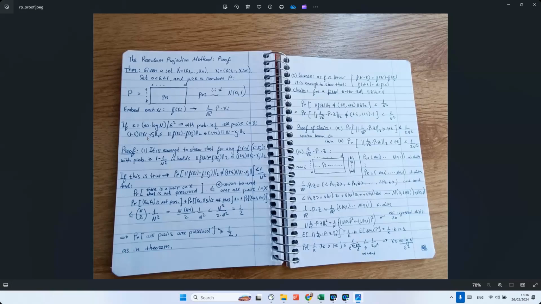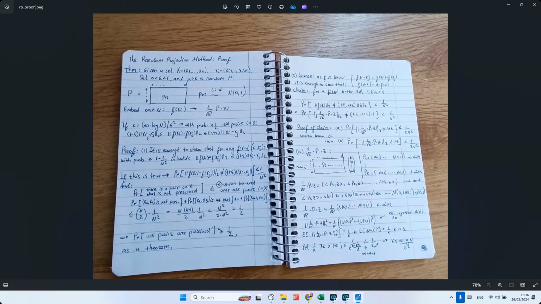And this type of claims or inequalities are called concentration of measure inequalities. There is a huge field in probability and randomized algorithms that deals with proving such concentration inequalities for different distributions.